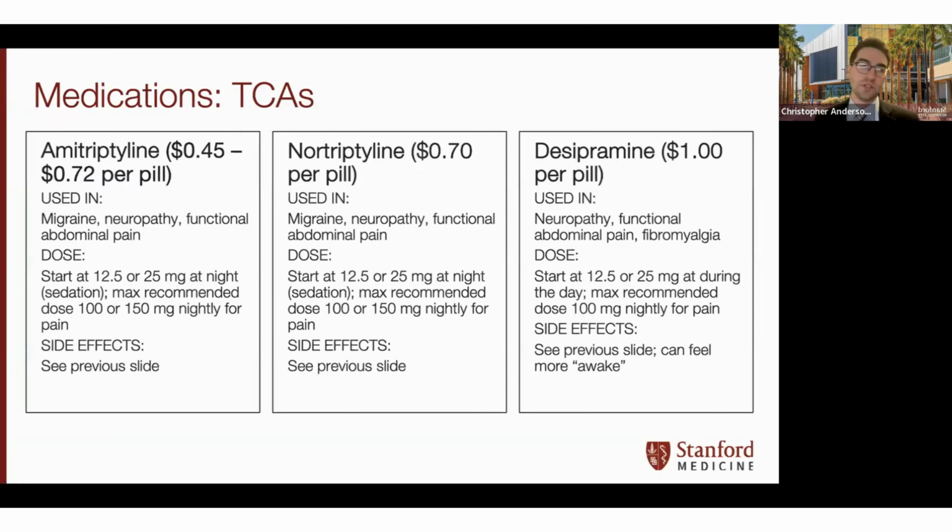So most people will reach for that one before amitriptyline, but it probably has a similar efficacy or effectiveness. And then finally, desipramine, which is a great medication because unlike amitriptyline and nortriptyline, it usually doesn't result in most of those aforementioned side effects like weight gain, fatigue, and constipation.